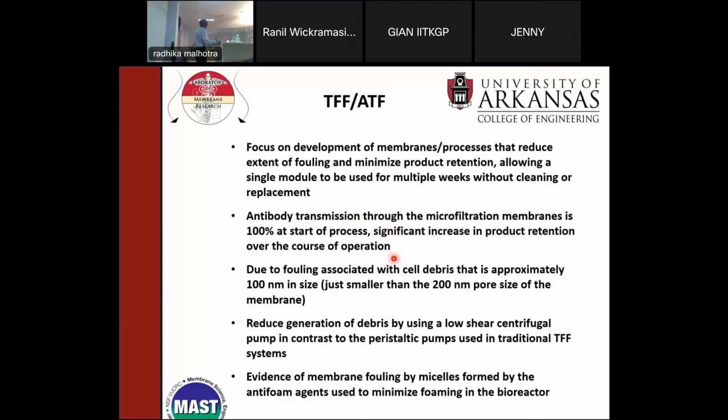Due to fouling associated with cell debris that is approximately 100 nanometers in size, smaller than the 200 nanometer pore size of the membrane. So these things are just small pores, you start to see product retention, and that's no good. Reduce generation of debris by using low shear centrifugation.